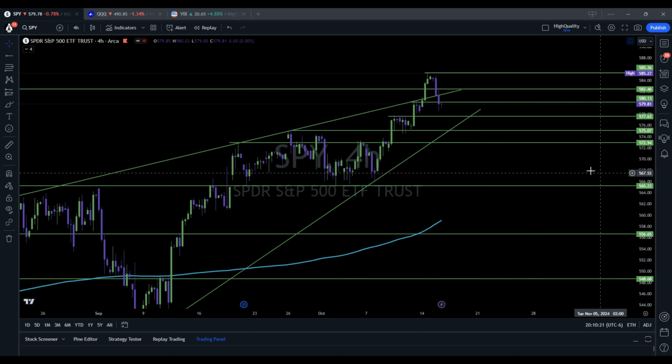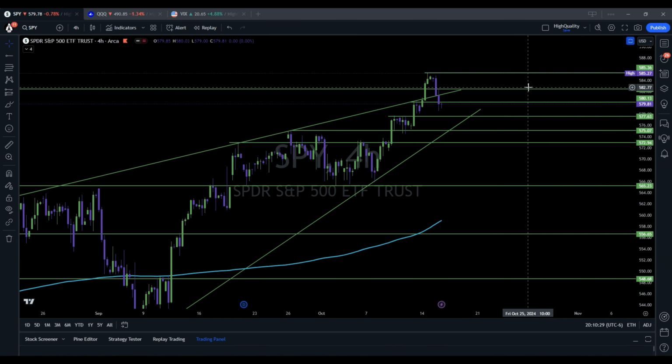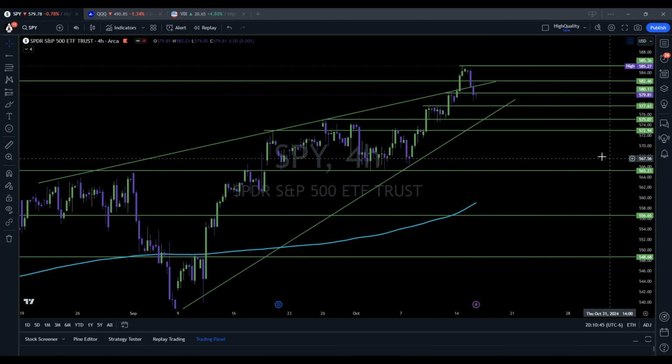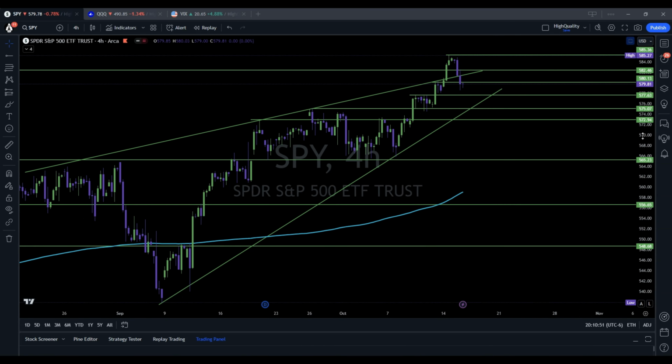So come tomorrow, what the SPY needs to do is get above this 580.13 level, then we can push back up towards 582.46, and if we're able to get above this level, head on to new all-time highs. But if we remain below this 580 level, then 577.63 is our next support level, and we could head down towards our lower ascending trend line of this rising wedge pattern down at 575.07.